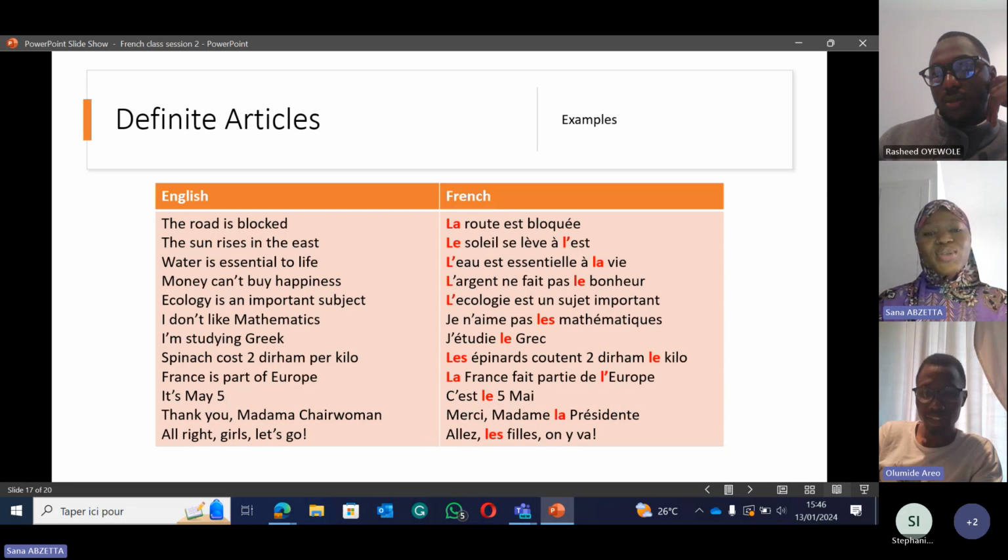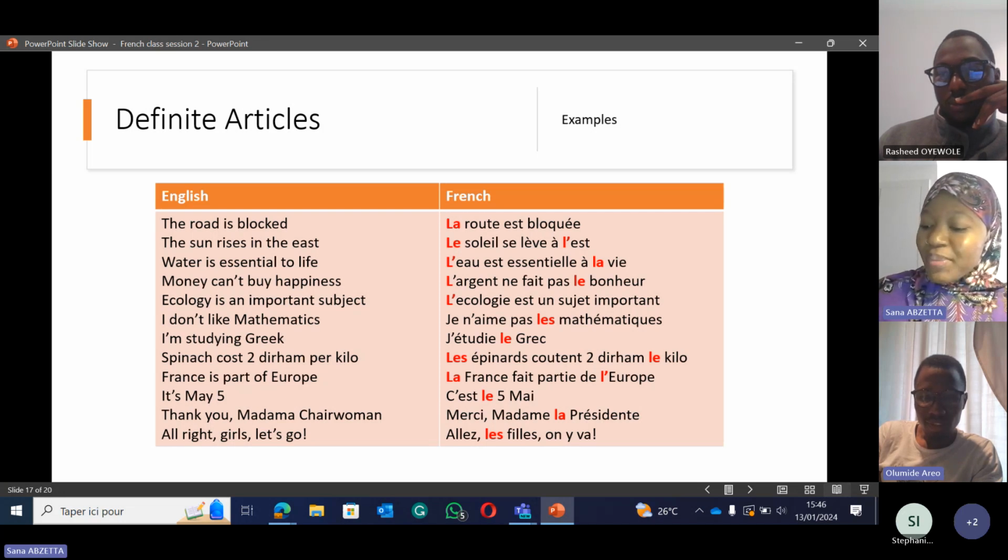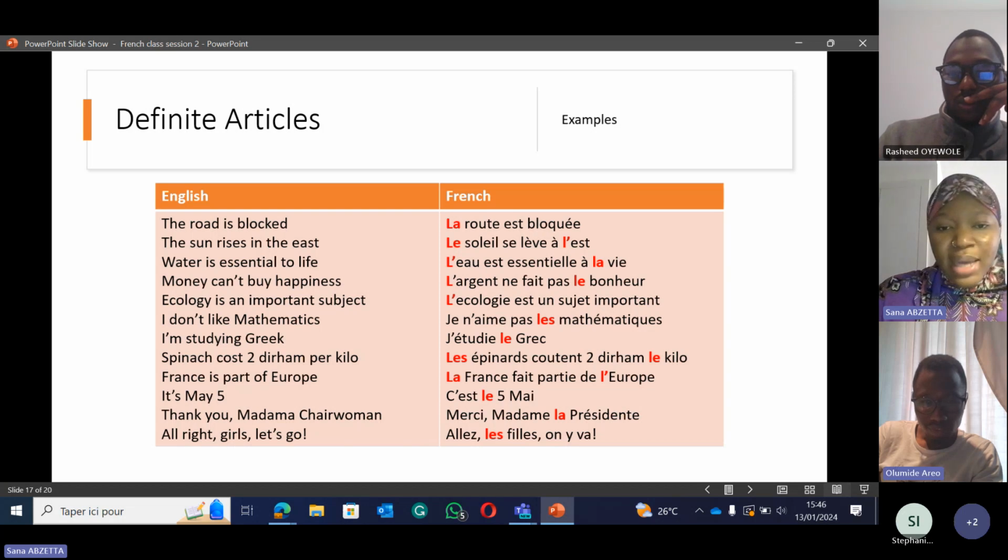Water is essential to life. Can I give it a try? La eau est essentielle à la vie. Okay. You said la eau, right? Yeah, that's what I said, but it shouldn't be la eau. Because when you write la eau, there are two vowels in front of each other. It's not right. You have to use the L apostrophe.